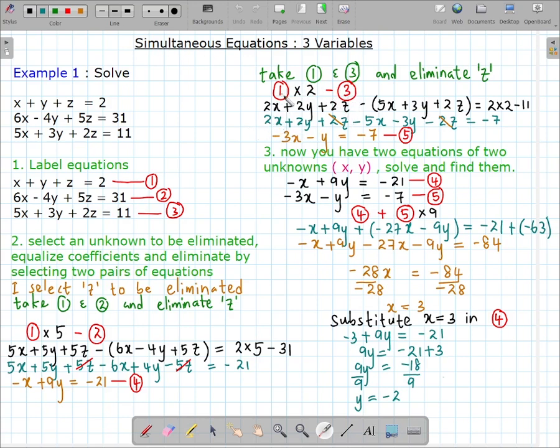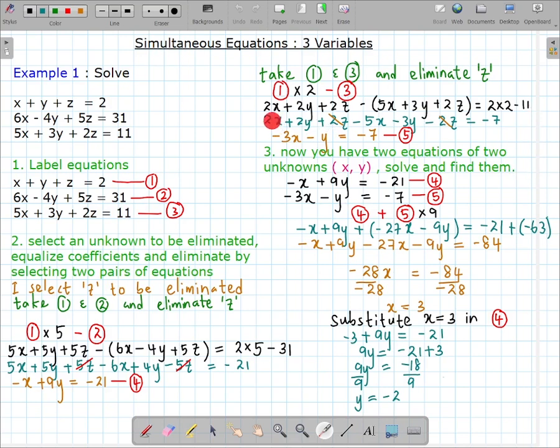When you multiply equation 1 by 2, you get 2x plus 2y plus 2z, subtract equation 3, 5x plus 3y plus 2z, equals 2 times equation 1's right hand side, that is 2 times 2, subtract the right hand side of equation 3, that is 11.